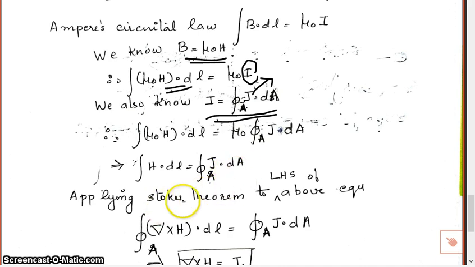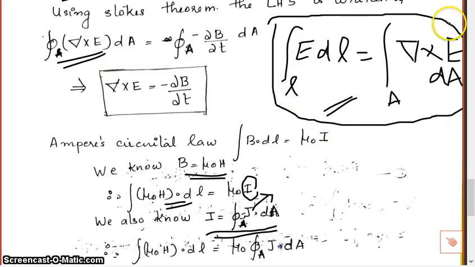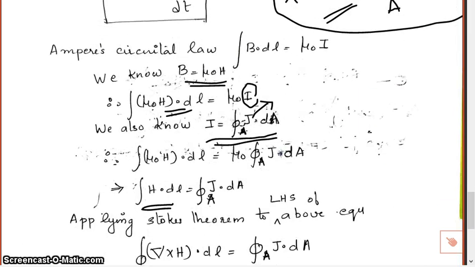Again I am going to apply Stokes theorem to the left hand side of the above equation. According to Stokes theorem, the line integral will be equal to the surface integral of curl of that vector.